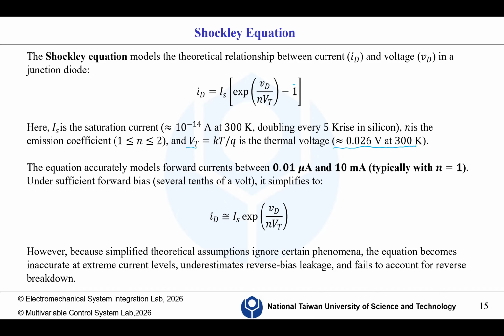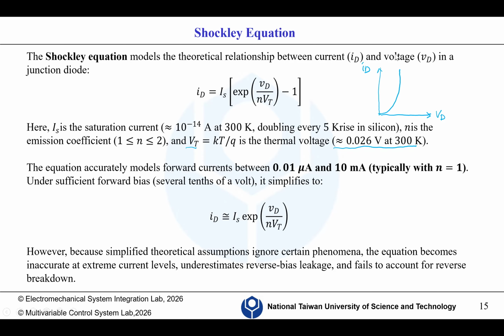By this equation, we are able to approximate the curve, but only for forward bias, which means only for this part, with VD on this axis and ID on this axis.